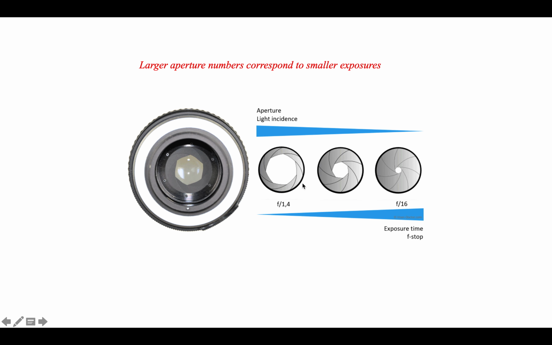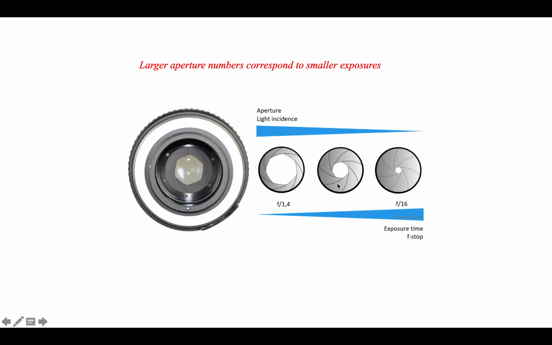Now here you can see the f number in action. As the f number changes, as the aperture increases, the exposure time decreases. As the aperture decreases up here, the exposure time increases.